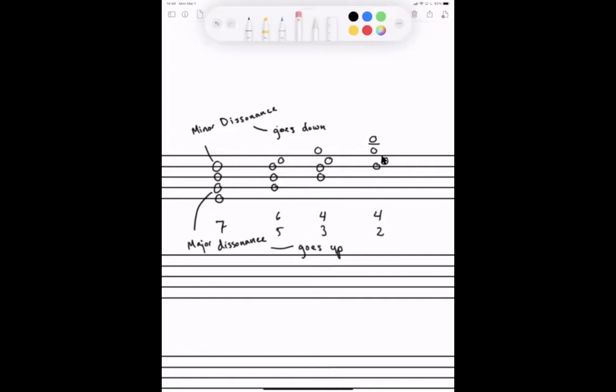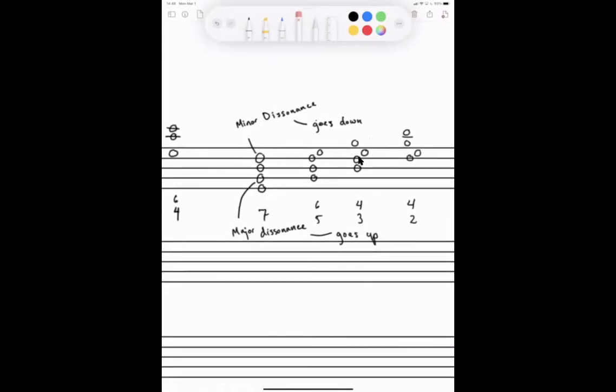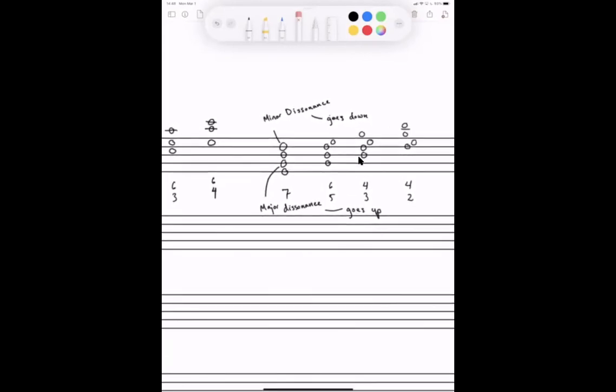So this allows Rameau to simplify continuo practice and to do so in a way that has this kind of nice historical resonance with Zarlino's theories.